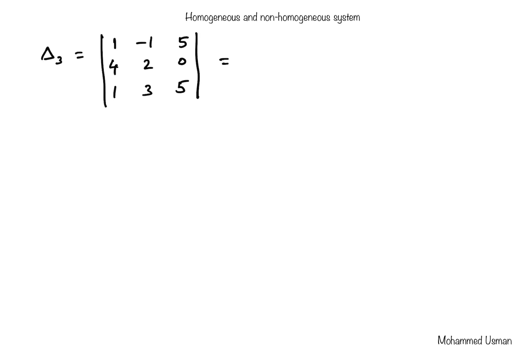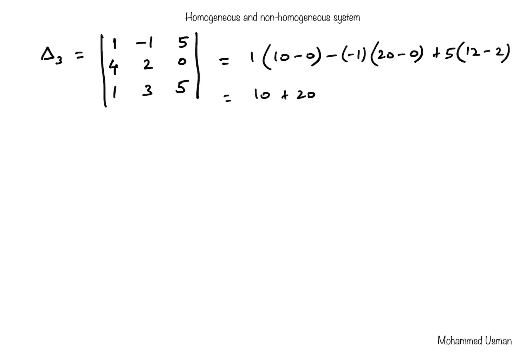Now with this we get the answer as 1 into 10 minus 0, minus of minus 1 into 20 minus 0 plus 5 into 12 minus 2. So we get 10 plus 20 plus 50, that's equal to 80. So we get delta 3 to be equal to 80.